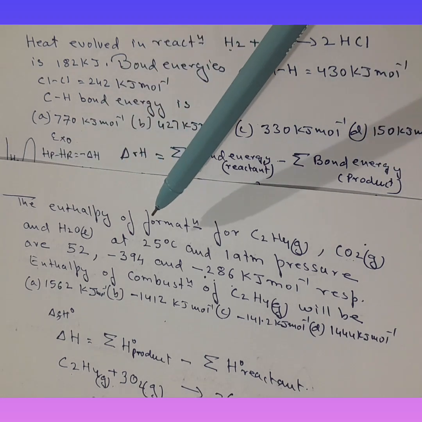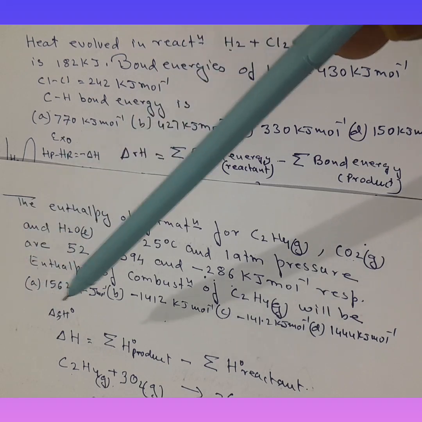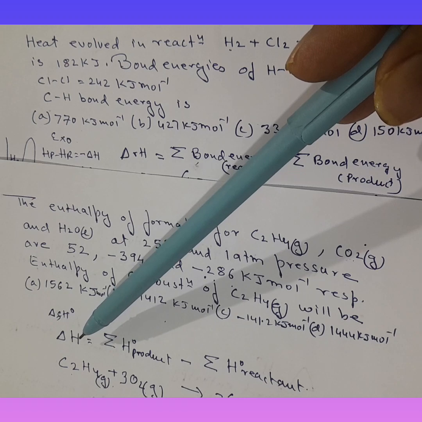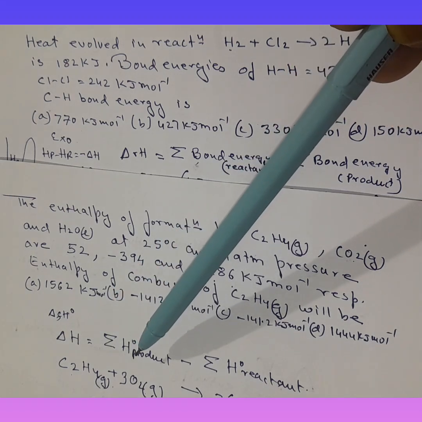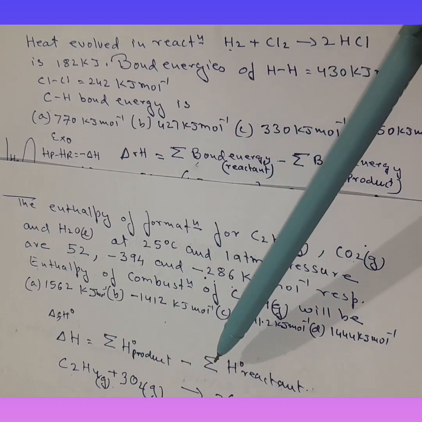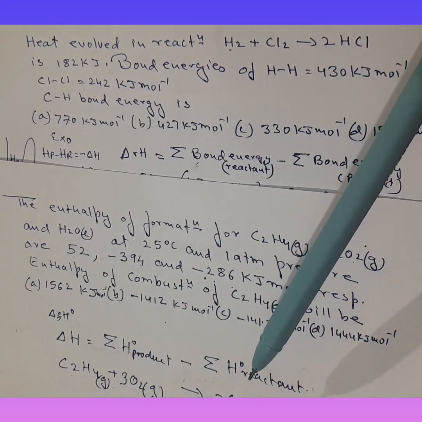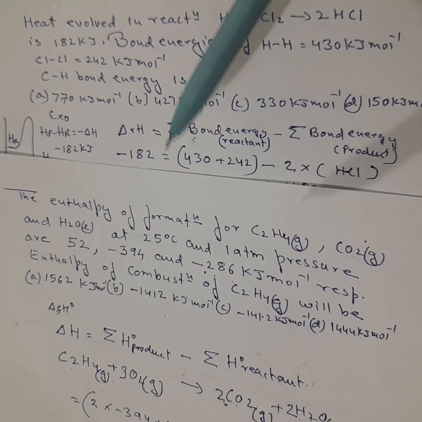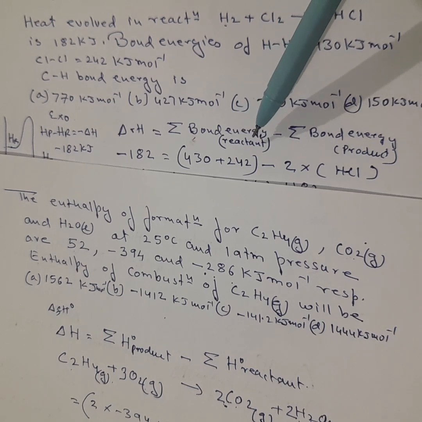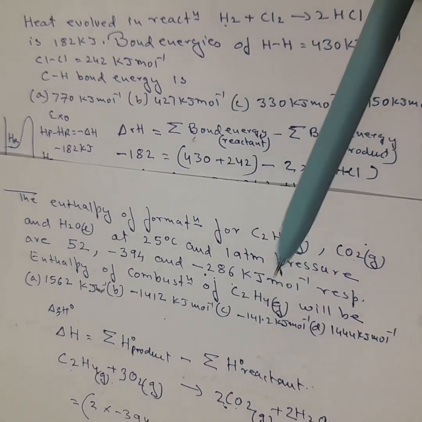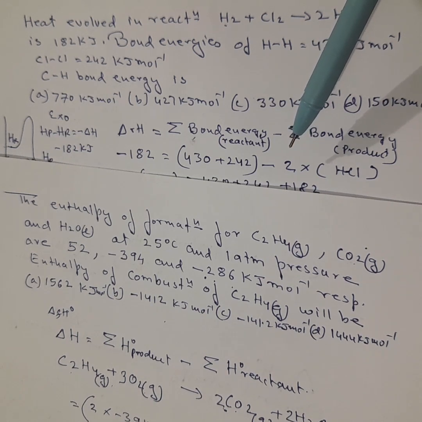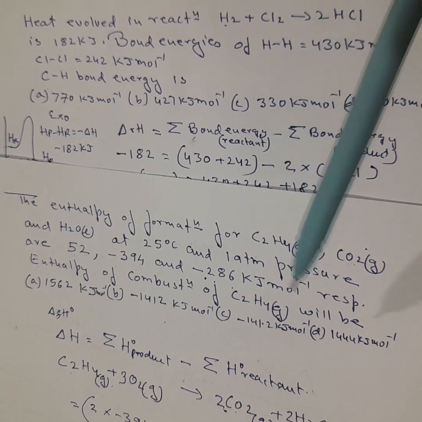Whereas whenever enthalpy of formation is provided, the equation that we use for del RH is summation of enthalpy of product minus summation of enthalpy of reactant. Please keep this in mind, because if we commit the blunder of using the wrong equation, this would be the silliest mistake and you would never forgive yourself. So please be careful about these types of numericals.